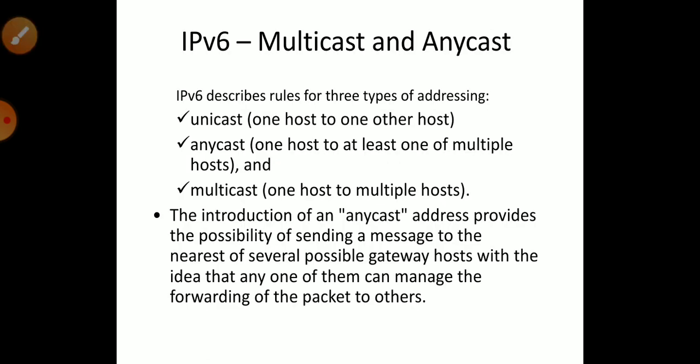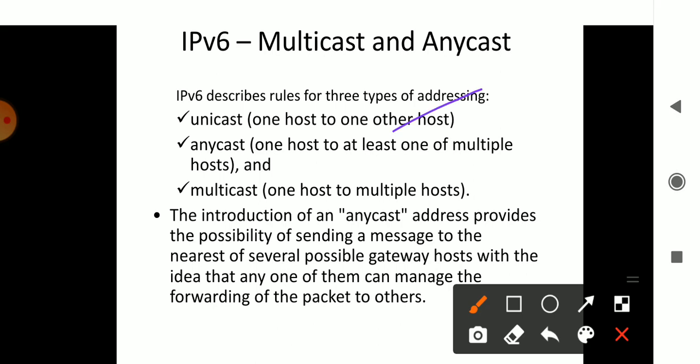The last part in IPv6 is multicast and anycast, which describe the rules in which information flows from host to destination. Unicast is one host to another one host, anycast is one host to at least one of multiple hosts, and multicast is one host to multiple hosts. This is how information is sent from one end to another and how it is managed. IPv6 has three formats: unicast, anycast and multicast.